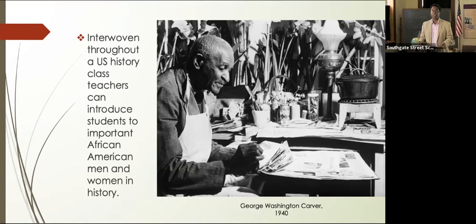They were sharecroppers at that time, and they were really struggling economically. And so that's how he got into helping them develop different uses of the peanut. The peanut was a very rich product, it offered a lot of nutrients, and it was good for the soil. So he was thinking about economic sustainability and environmental sustainability, and he's not much known for that work. There's a topic there that teachers can really delve into.